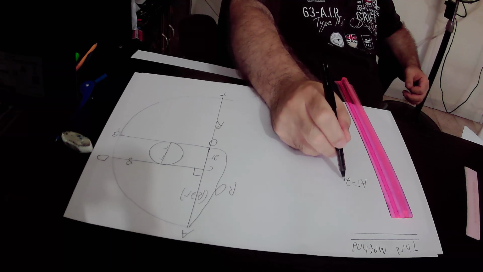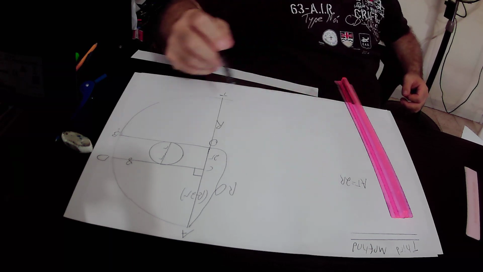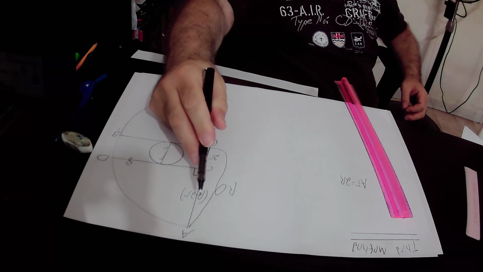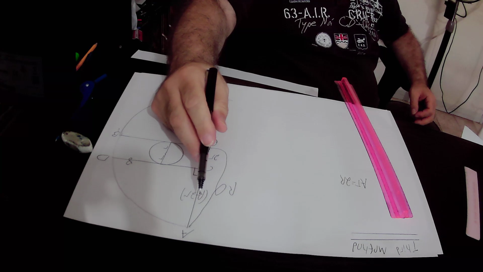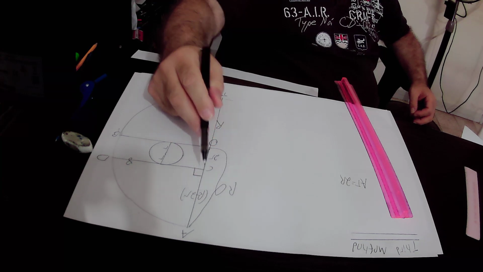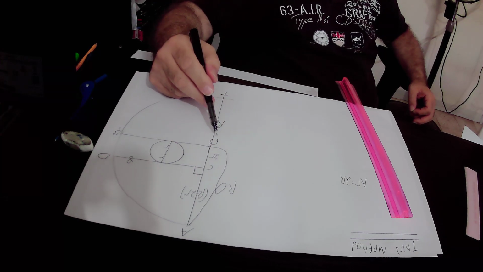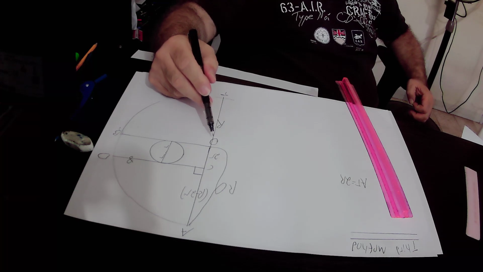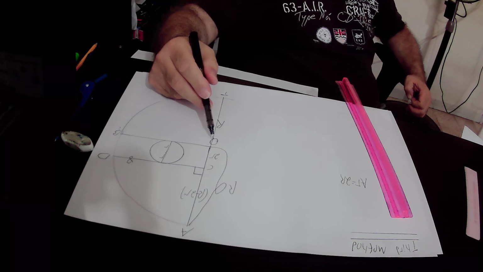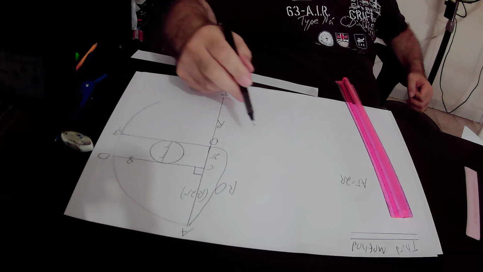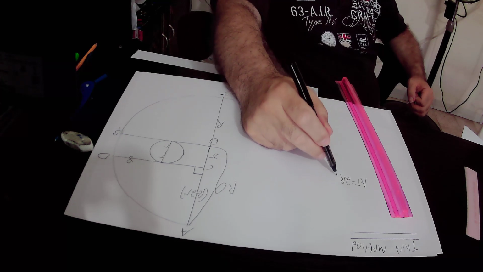2 times capital R. So you can see the straight line AT is a chord inside the semicircle that passes through the center of the semicircle. Any chord that passes through the center of the semicircle must be the diameter of the semicircle.